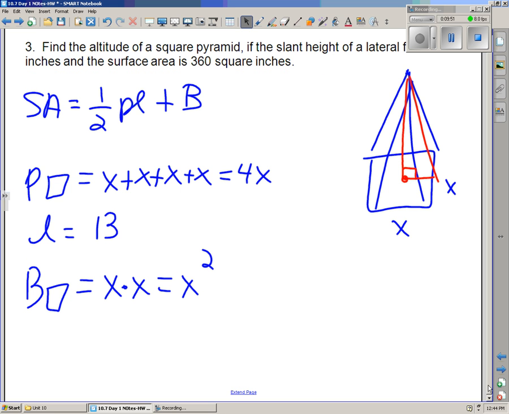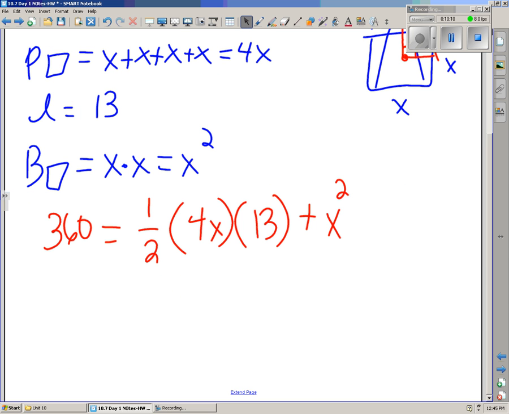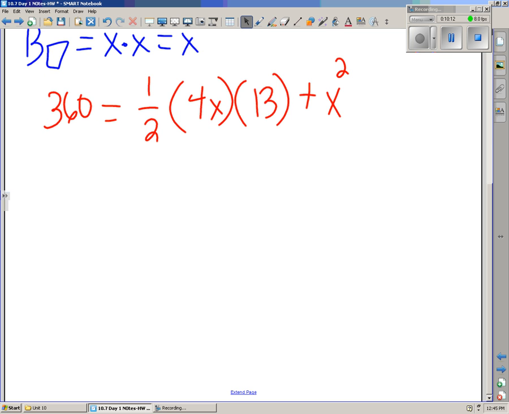We know for sure that the surface area they tell you is 360. So we've got 360 equals 1/2 perimeter, 4x, times slant height, 13, plus area of the base, or x squared. Looks like we're going to end up with a quadratic. So 360 equals, well, half of 4 is 2, and 2 times 13 is 26x, plus x squared.